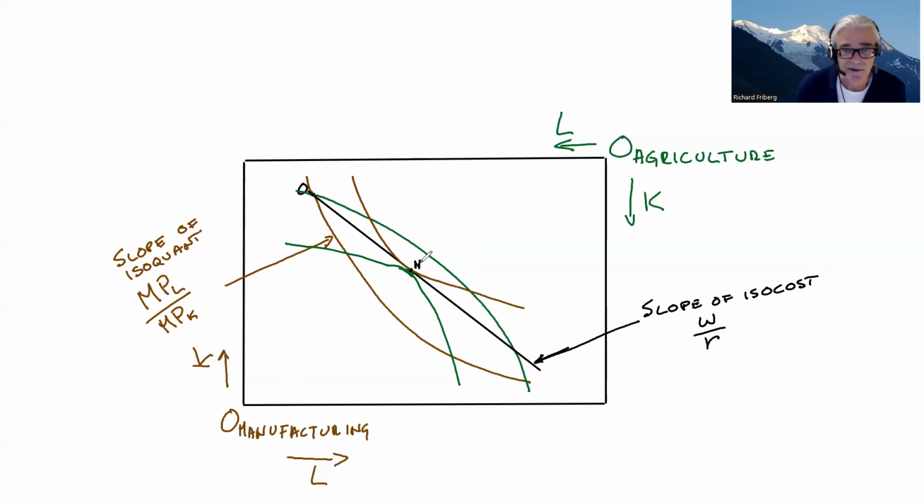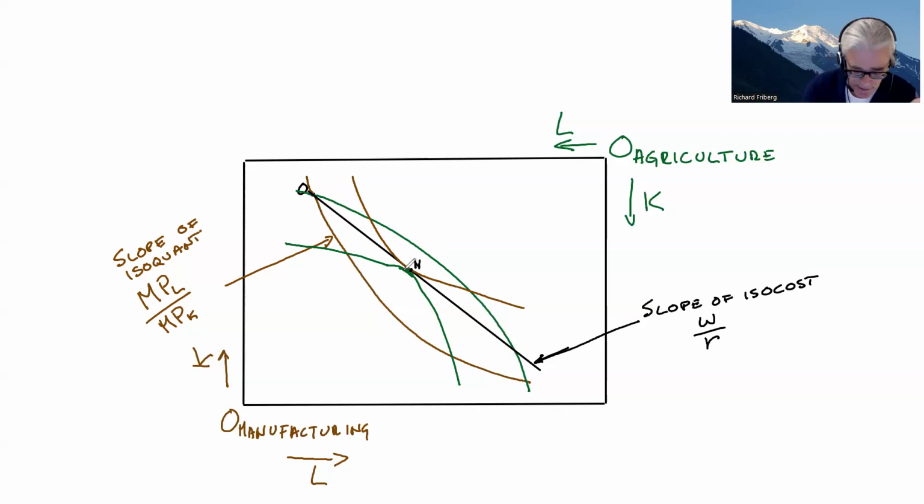So what do we see? What characterizes this? Well, firms observed the wages and rental rate of capital and cost minimized, which led us to move from an original allocation like O to an allocation like N that is associated with a higher isoquant for manufacturing and a higher isoquant for agriculture. Resources are used more efficiently, okay?